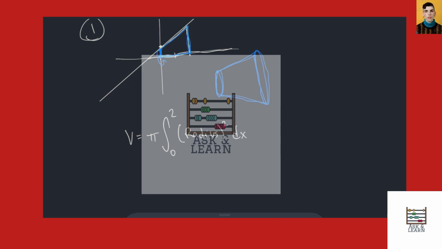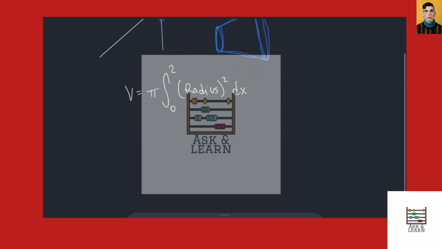We know the radius is going to be determined by x plus 1, because if we're right here, it's x plus 1 away from the x-axis. If we're here, it's x plus 1 away from the x-axis. So with that in mind, we now want to replace the word radius with x plus 1 squared.